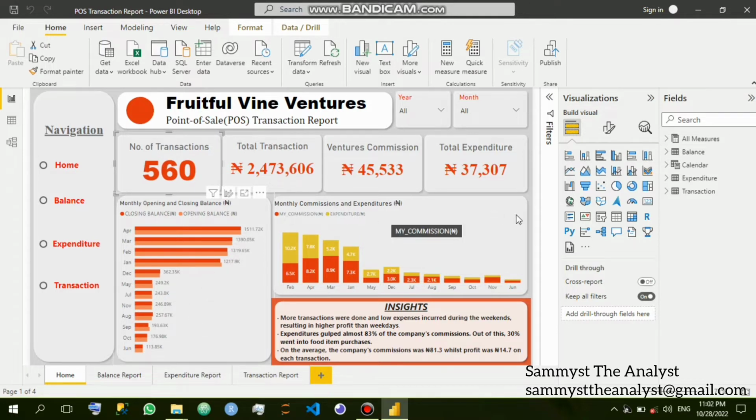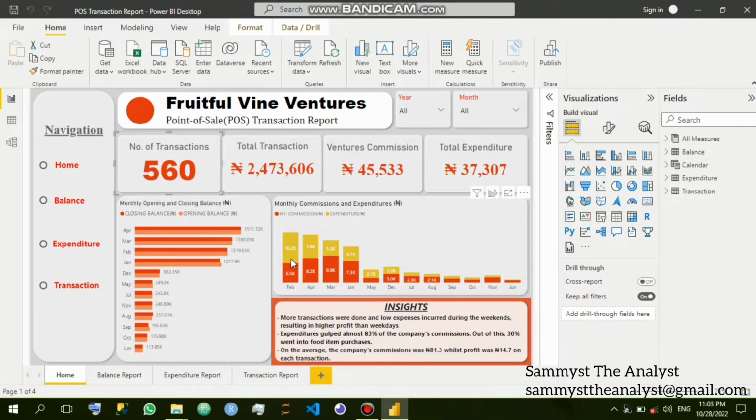Now when we come to this particular visual, this visual talks about the monthly commission gotten, and it compares the monthly commission and the expenditure for that month. From the chart we can see that February has a very high expenditure.